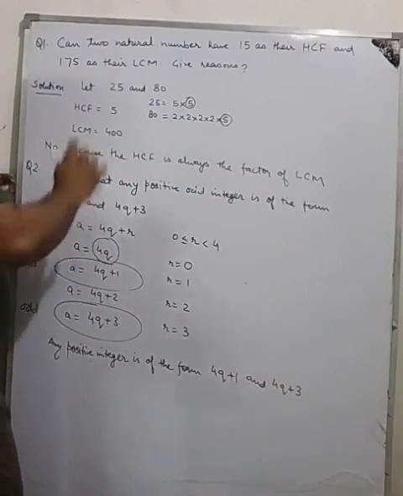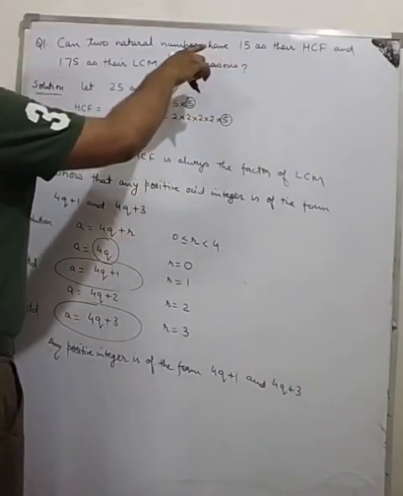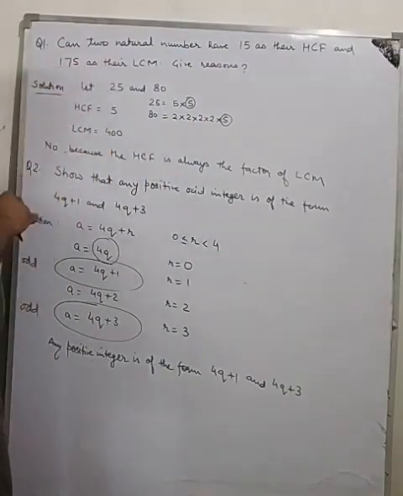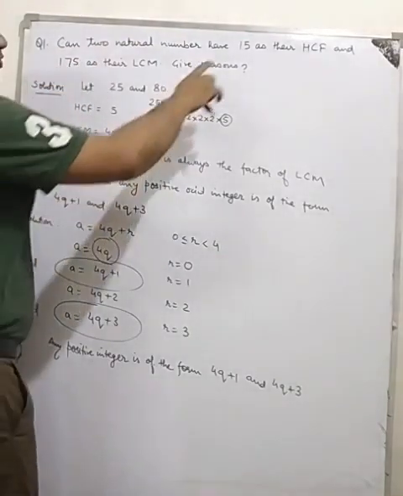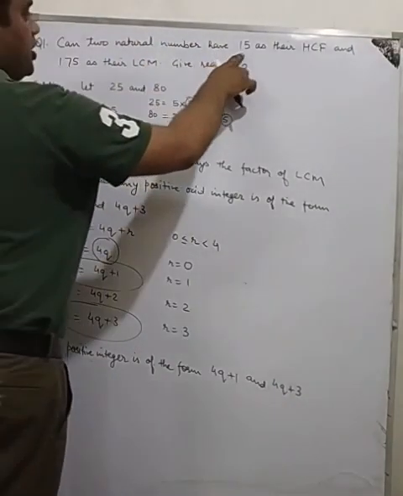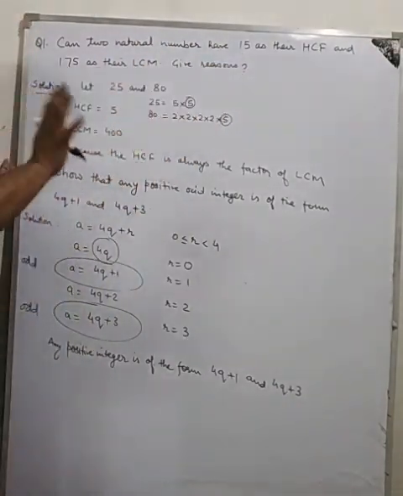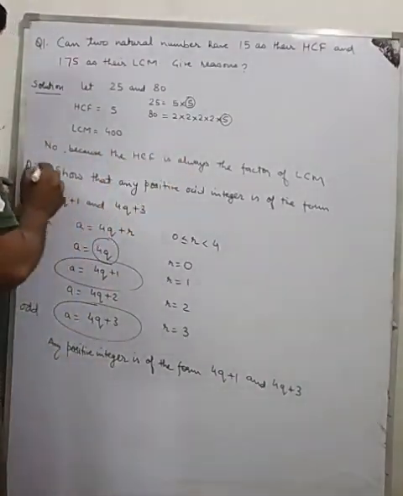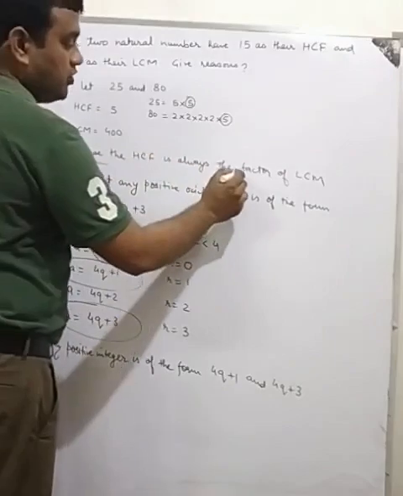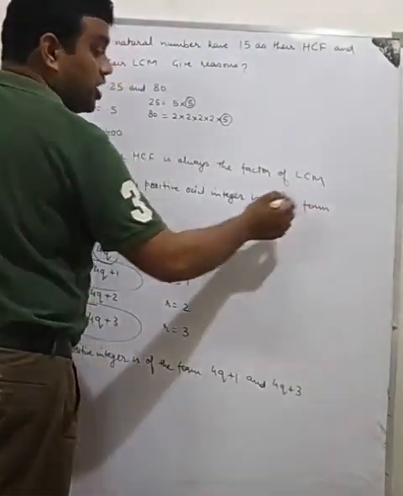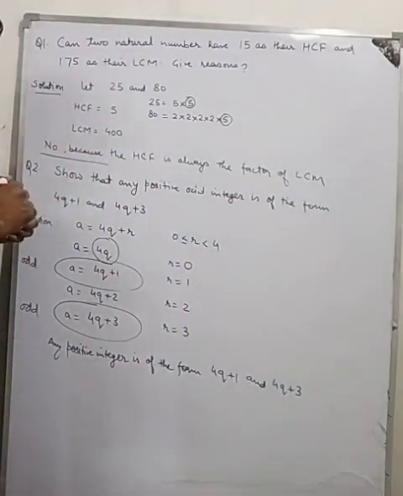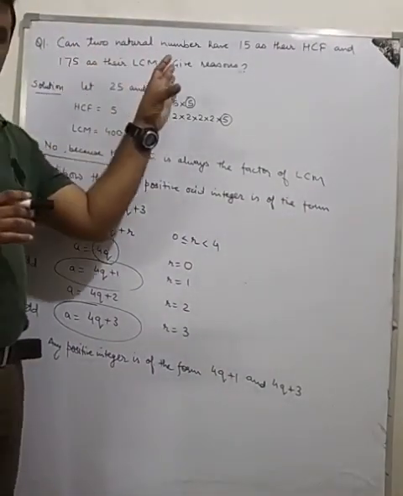And here 15 can't divide 175 completely. When we divide 175 by 15, it will not give remainder 0. So the answer is no, because the HCF is always a factor of LCM, which is not the case here. So it's a very short answer type question.